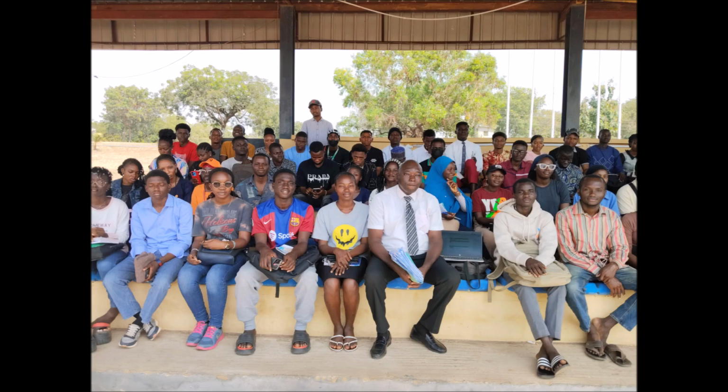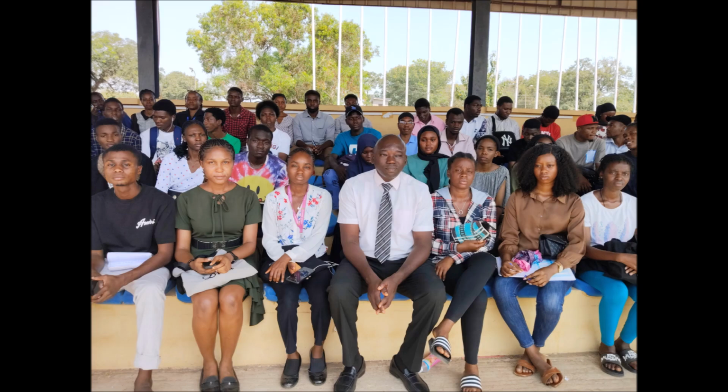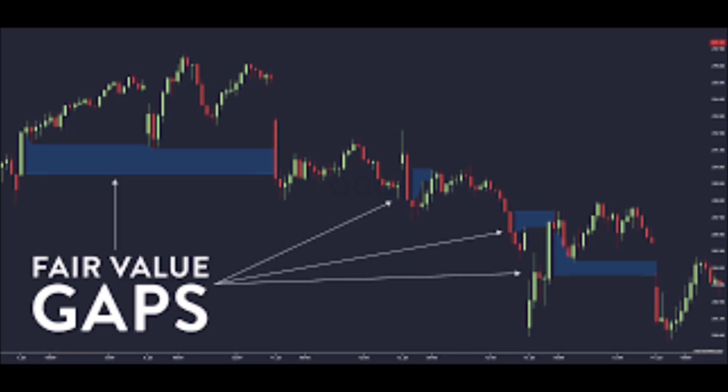Why do fair value gaps form? Fair value gaps form because institutional trading activity is taking place. Big banks, hedge funds, and liquidity providers move large volumes of money. When they execute massive orders, price surges rapidly, opposite side liquidity cannot keep up, and a price void, that is an imbalance, forms.